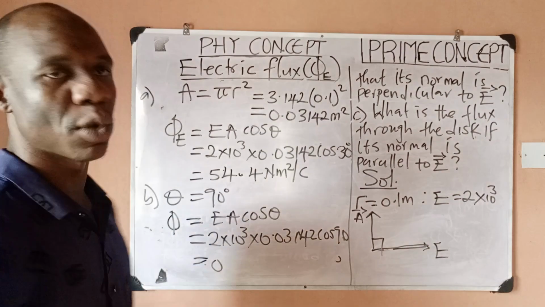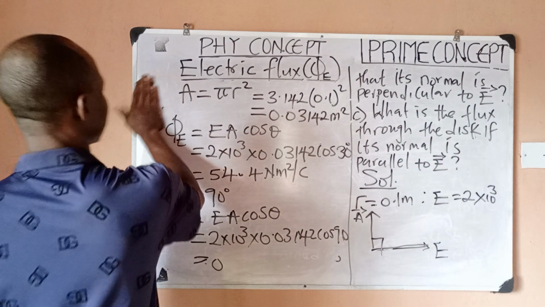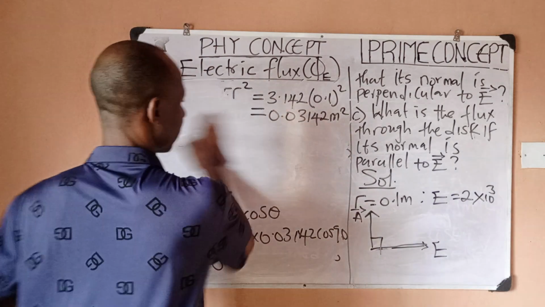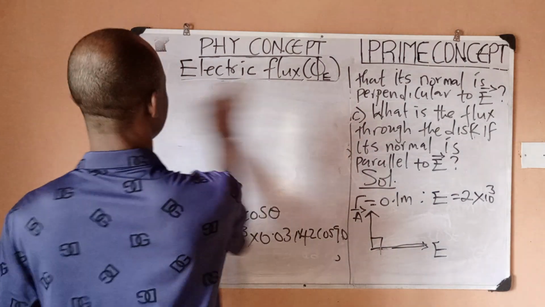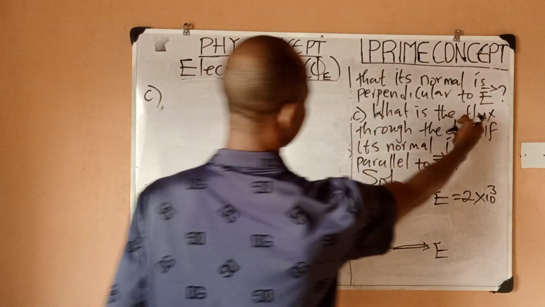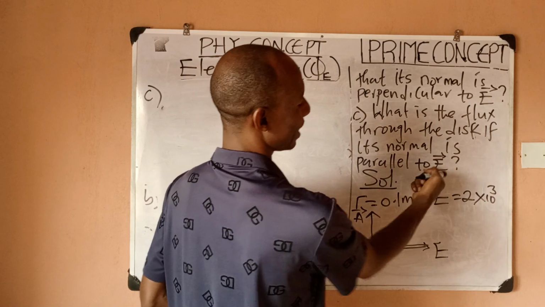So that is the minimum flux you can have. And the third condition says, what is the flux through the disk if its normal is parallel to E?